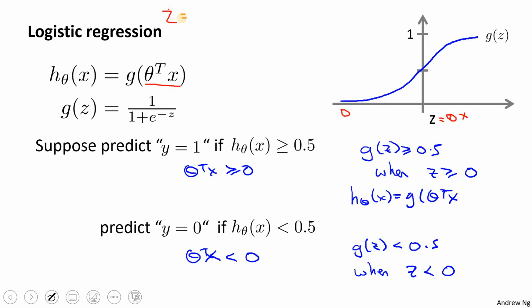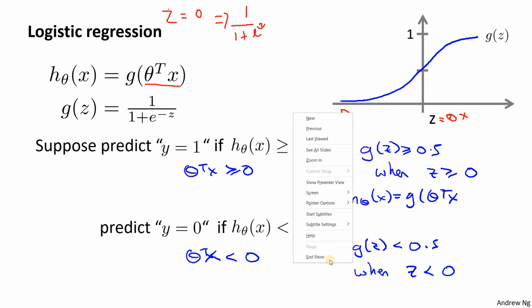Let's see the z value 0. When z is 0, in that case you will have this g function equal to 1 over 1 plus e power 0. So how to find it out?